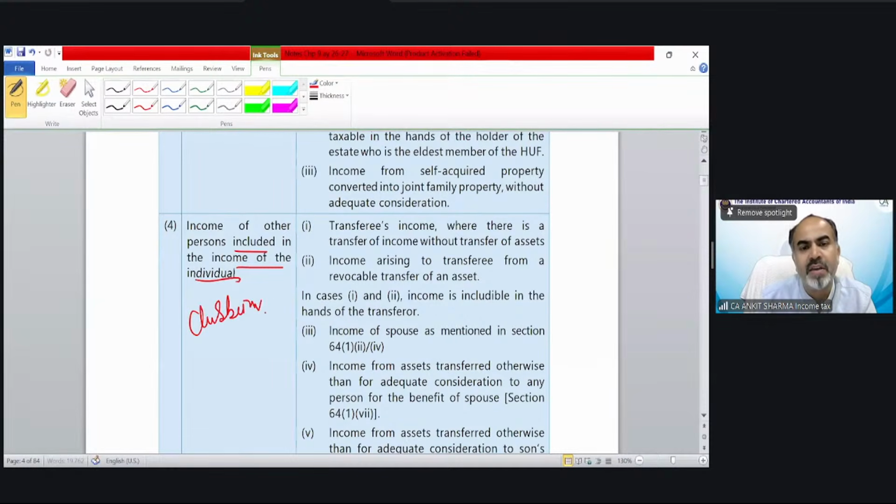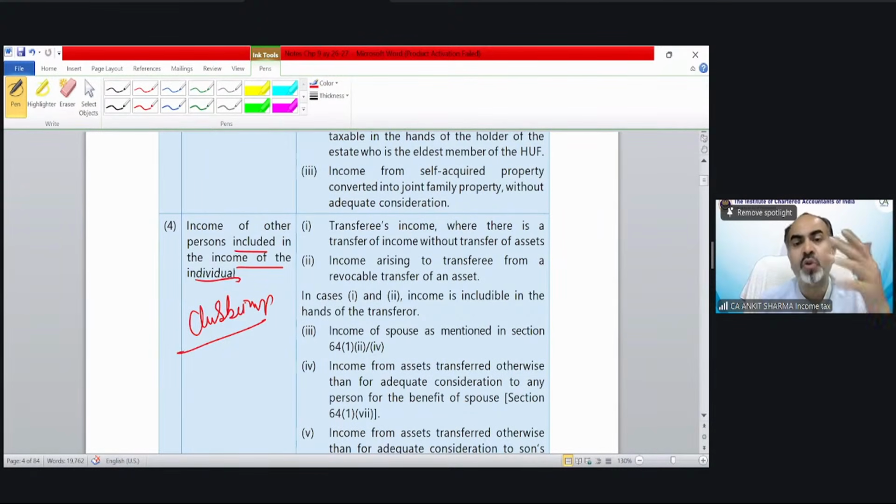So generally, when we talk about the total income concept, it means your total income, whatever income you have earned, whether individually or being a partner also, etc. So those are going to be part of your income. But there are circumstances in which some other person's income is also going to be part of your income. That is called clubbing provision.